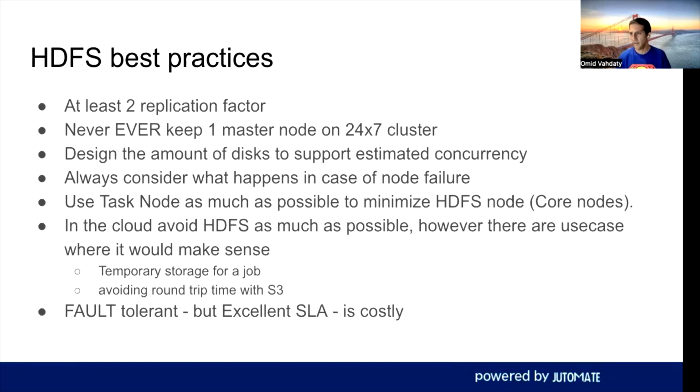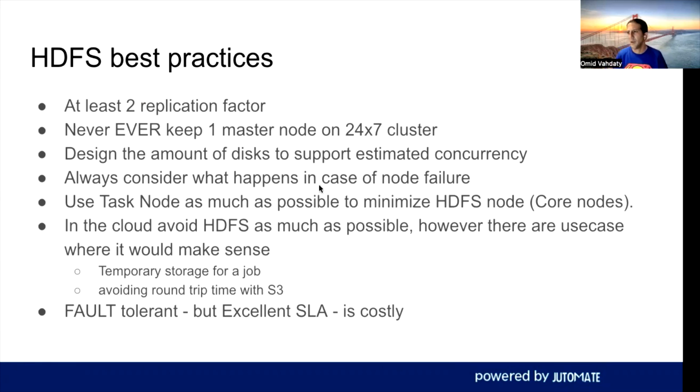Never, ever keep one master node when you have a 24/7 cluster, because if your master node fails, the entire cluster will be lost. If you are designing an HDFS, design the amount of disk to support the estimated amount of concurrency. Meaning the more disk you have, the more concurrency you will be able to serve.